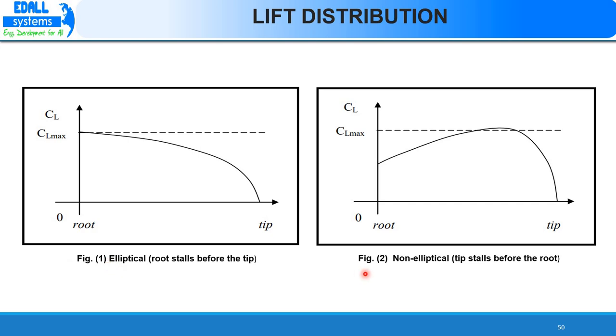Figure 2 shows the wing tip stalls before the wing root because CL tip is nearly equal to CL max while CL root is much less than CL max, and you can see the lift distribution is also non-elliptical.